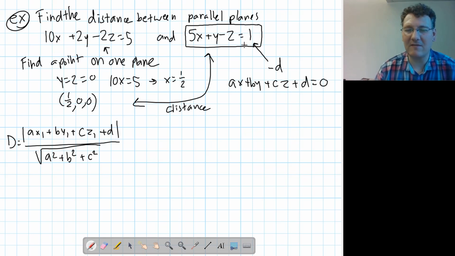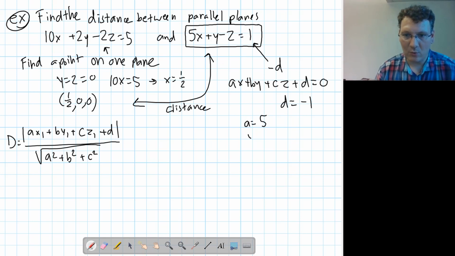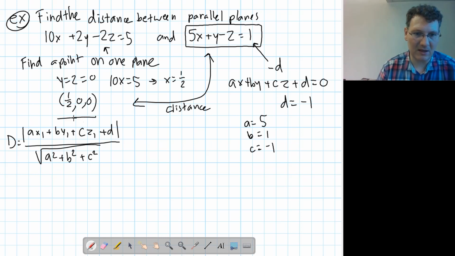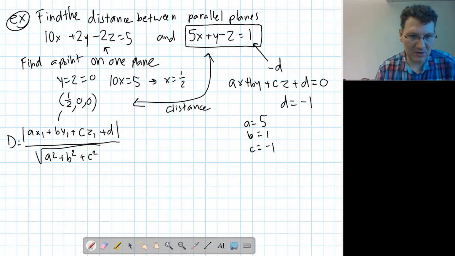So if it's on the right-hand side, then d is going to be negative 1. As far as a, b, and c go, those are given by the coefficients of x, y, and z. So a is going to be 5, b is going to be 1, and c is going to be negative 1. And x1, y1, z1 are just given by the point.